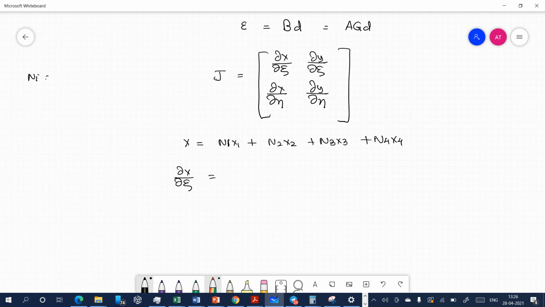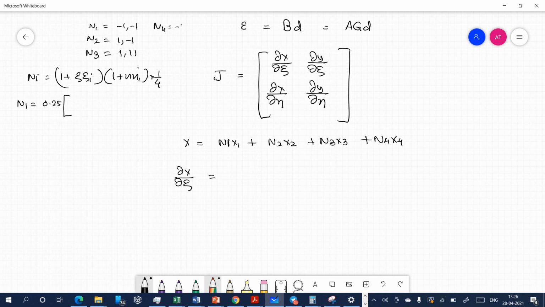The shape function Ni is (1 plus zeta zeta_i)(1 plus eta eta_i) into 1 by 4. So N1 is 0.25 into, what are the coordinates at node number 1? We have -1, -1. Node number 2, the zeta value is positive, so 1, -1. N3 we have 1, 1, and N4 the zeta value is negative, eta value is positive, so -1, 1. So what do I have?